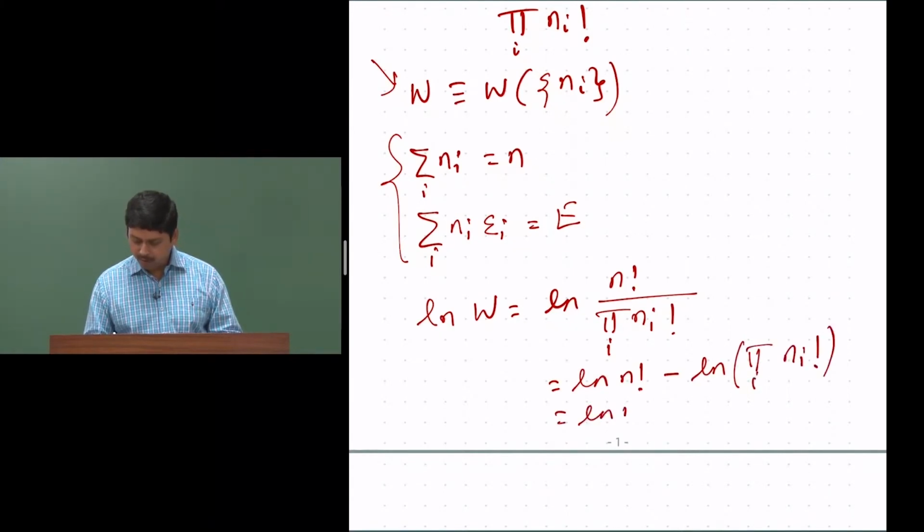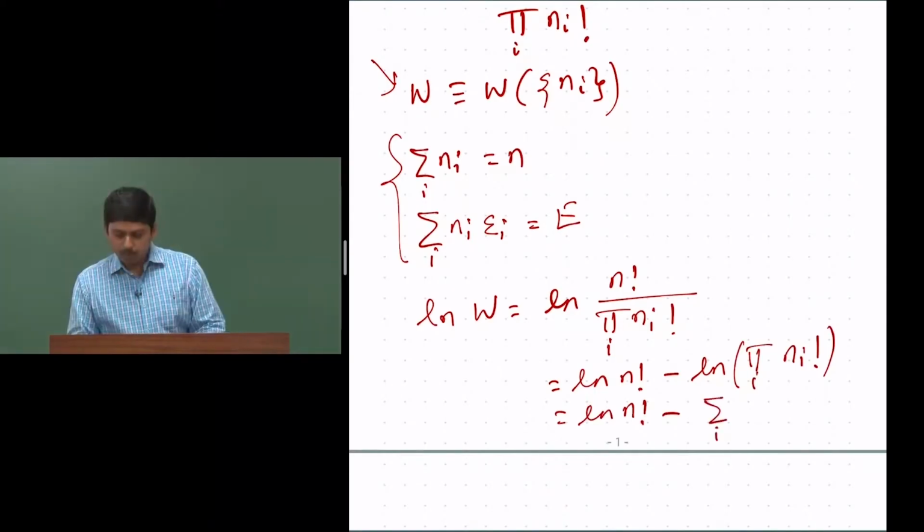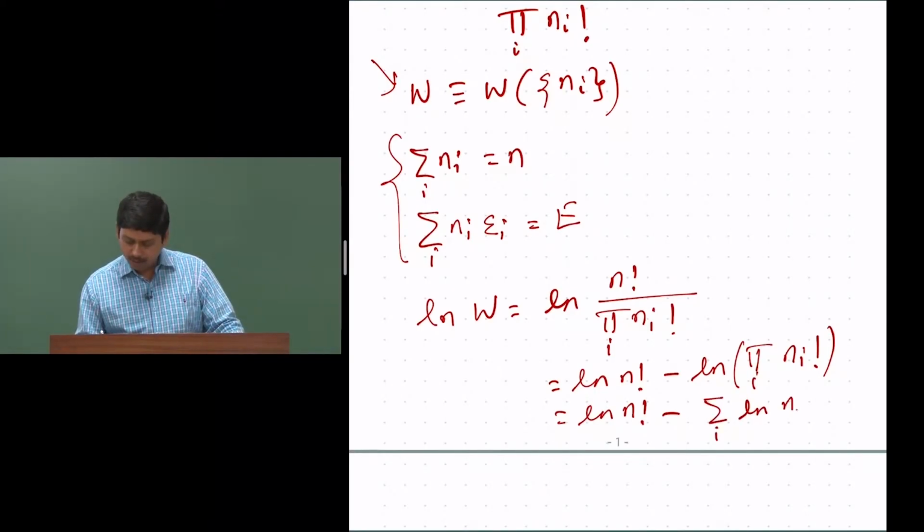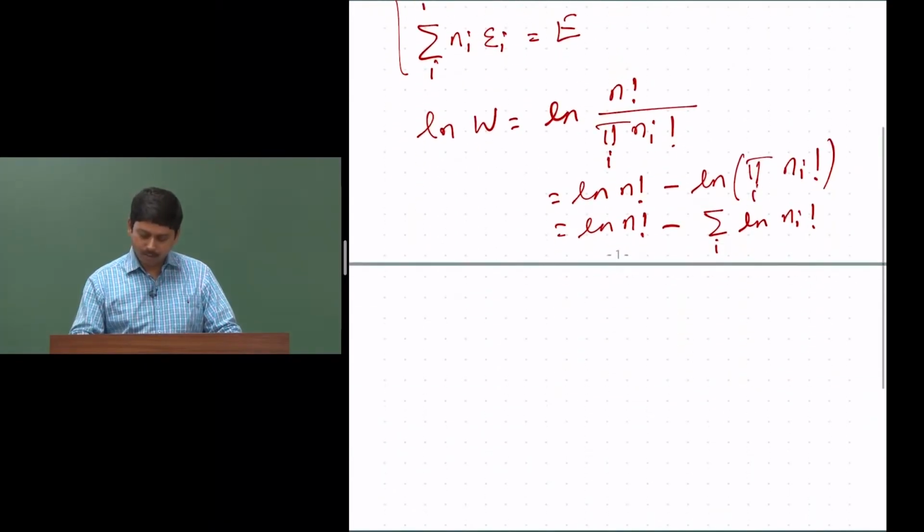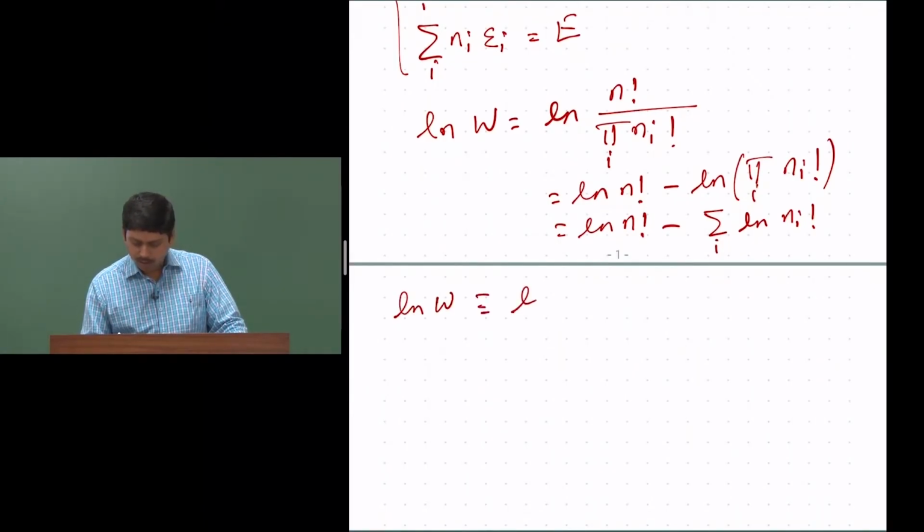So, the product becomes a sum in case of ln, and it will be ln n factorial minus the sum over i of ln ni factorial. Which means now our ln W is also a function of ni.